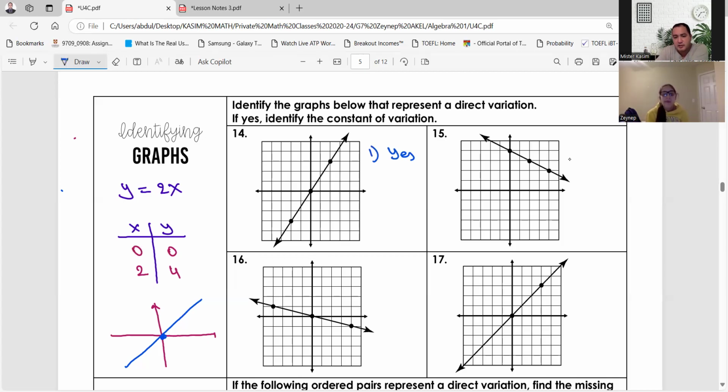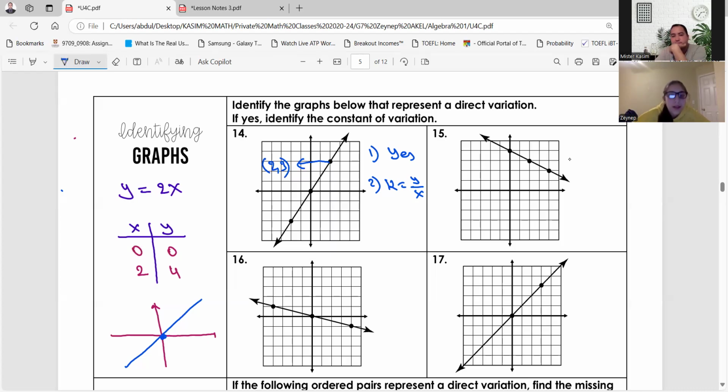Yes. Okay, now let's find k. How do you find k? If you remember, k is equal to y over x, right? So I just need one point. What are the coordinates of this point? 2, 3, right?